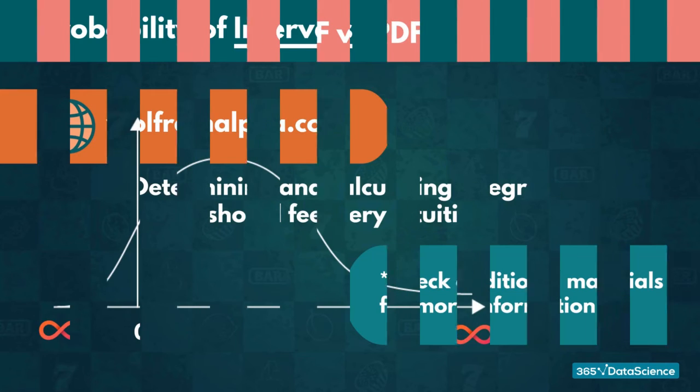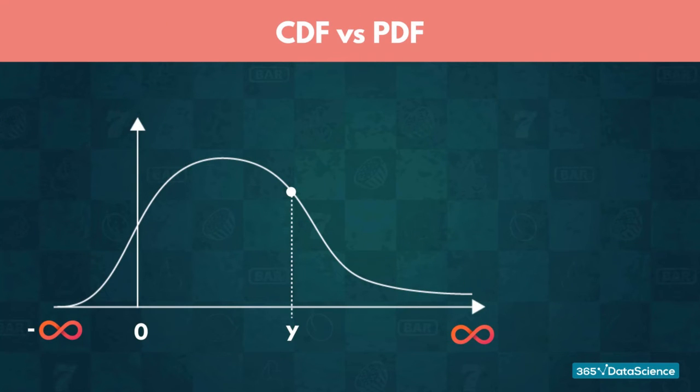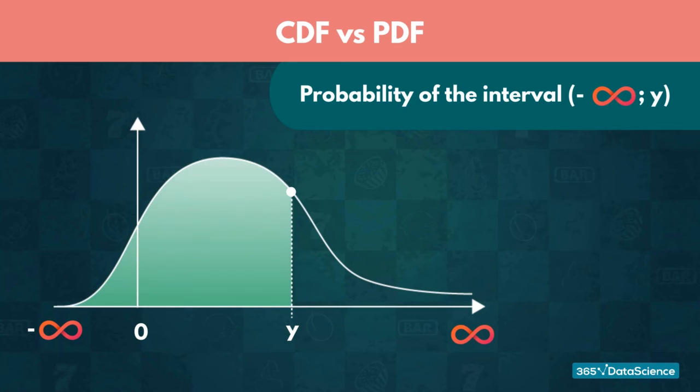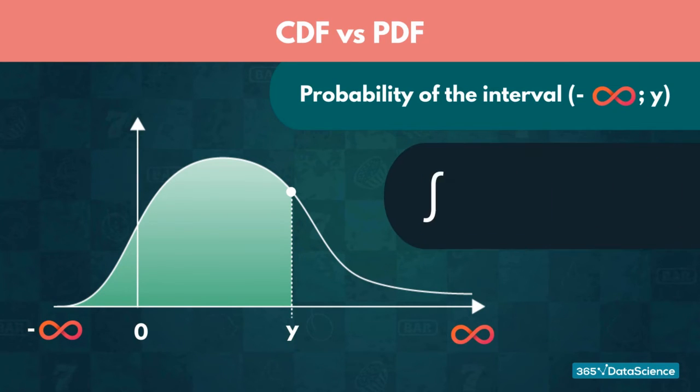All right. Notice how the cumulative probability is simply the probability of the interval from negative infinity to y. For those who know calculus, this suggests that the CDF for a specific value y is equal to the integral of the density function over the interval from minus infinity to y.